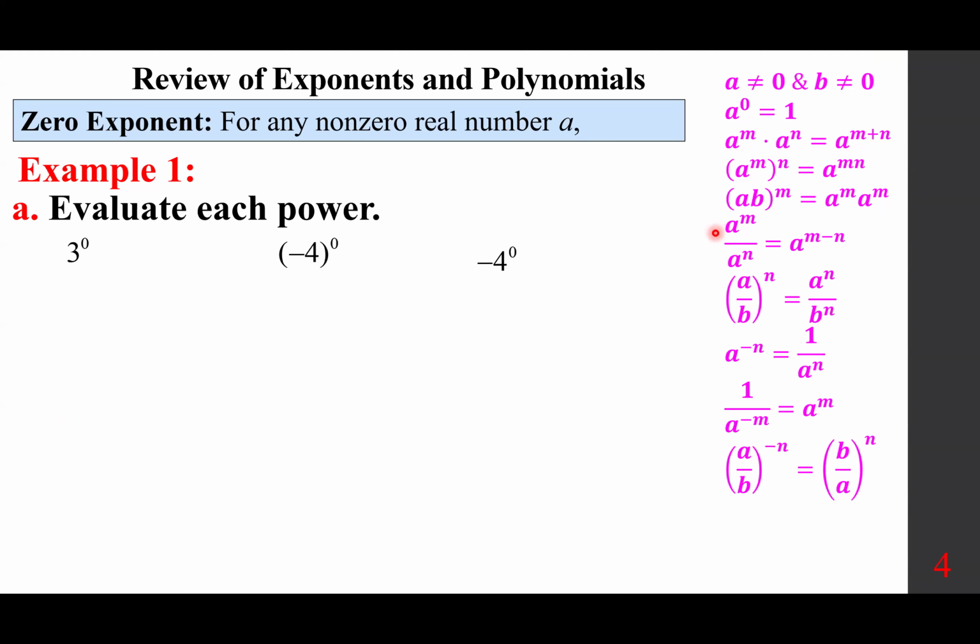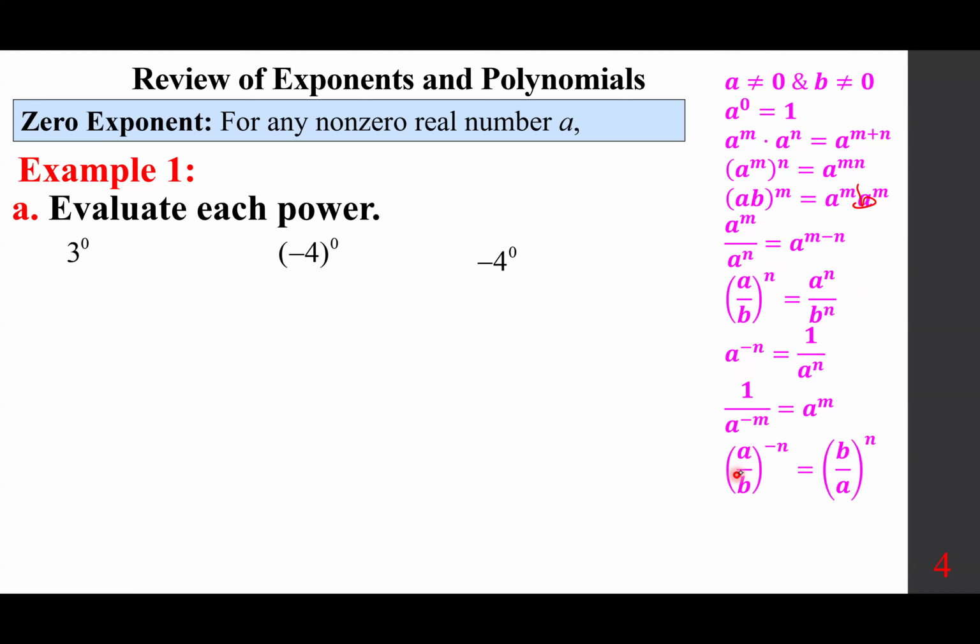A to the power of m, let me just write that, over a to the power of n is the quotient rule, a to the power of m minus n. A over b to the power of n is a to the power of n over b to the power of n.